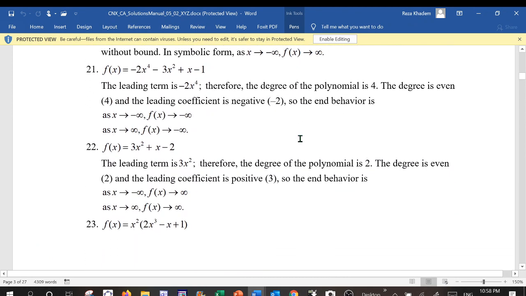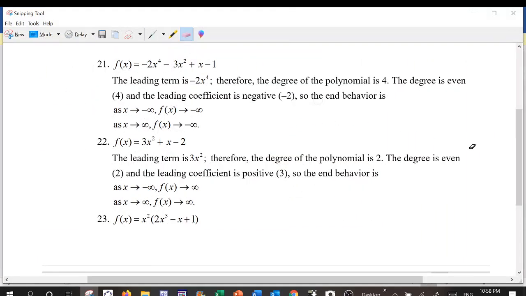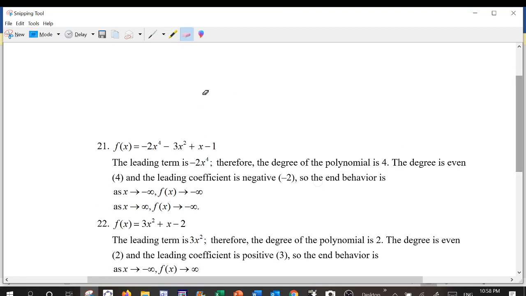So what about number 21? Now, how do we deal with polynomials? Because polynomials have more terms, it's not just one term. Well, it turns out that when we have a polynomial and you order it with the leading term first, the leading term actually determines what the end behavior of the function is going to be.